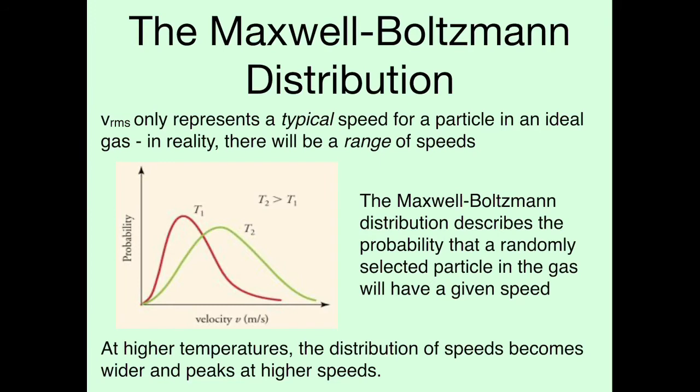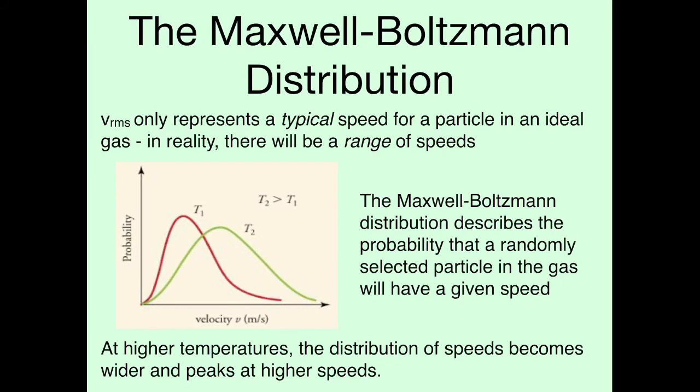There's a range of speeds, and VRMS is just the most common speed that you're going to find. So if we want to be a little bit more detailed in our description, we can use the Maxwell-Boltzmann distribution. What this distribution does is it tells you the probability that a random particle that you pick out of the gas will have a certain speed.